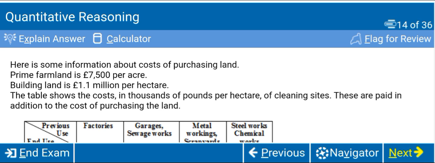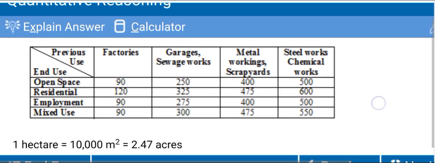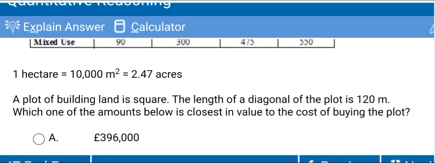Next we have the same statements with the same information given in the table. But the question is that a plot of building land is square. The length of a diagonal of the plot is 120 meters. So which one of the amounts below is closest in value to the cost of buying the plot?